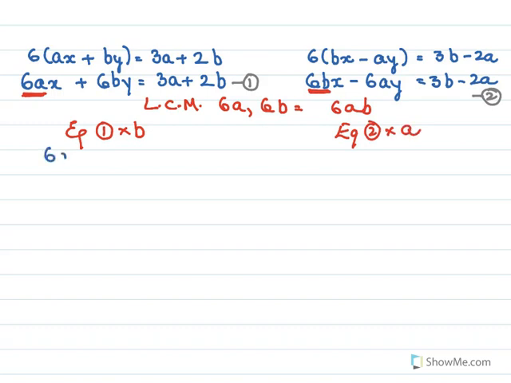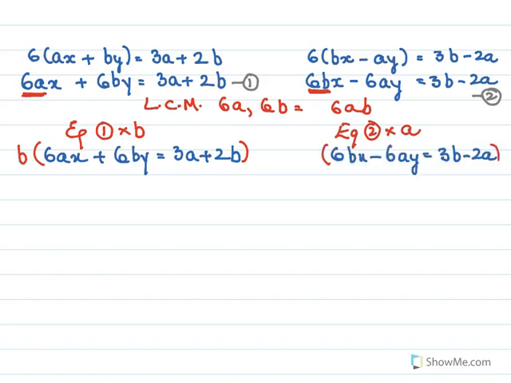So I'll take up my first equation, that is 6ax. This is my first equation, and I need to multiply this equation by b. And now let's go ahead and take the second equation. And this second equation, I am now going to multiply it by a. Let's open the bracket. b into 6ax is 6abx. b into 6b is 6b square a. 3a into b is 3ab. 2b into b is b square.